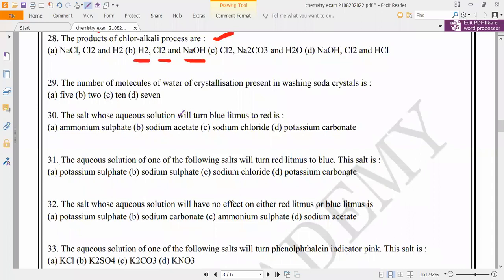Next, the number of molecules of water of crystallization present in washing soda. First, tell me the washing soda formula. Na2CO3. Is it correct?